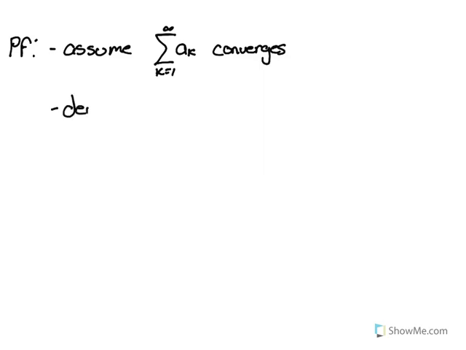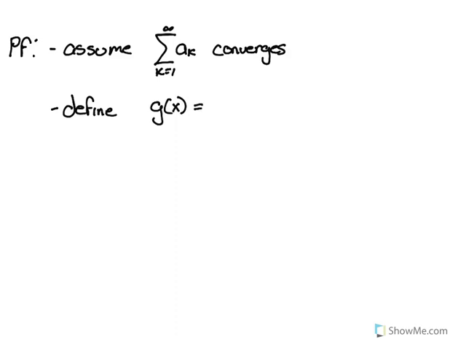So first I'm going to do the proof. So I'm going to start by assuming that the series converges. So assume the series a_k converges. And I'm going to define a new function g. Define g of x as follows.